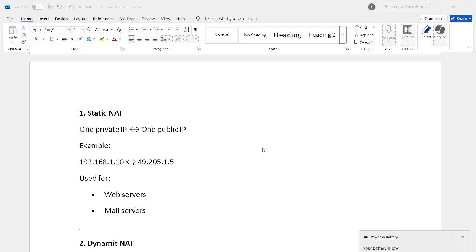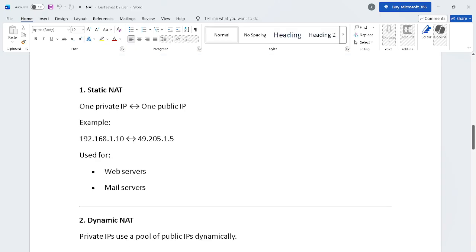It is used for web servers and mail servers. When we have a web server or mail server, we just assign one dedicated address, right? In that case, we use static NAT.